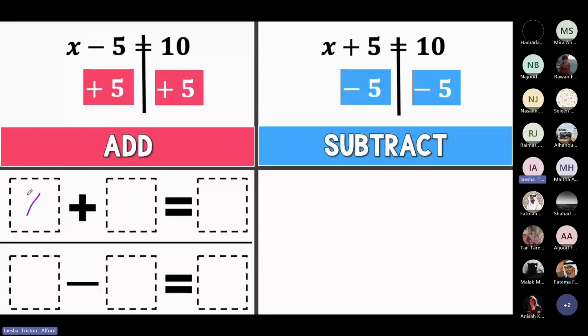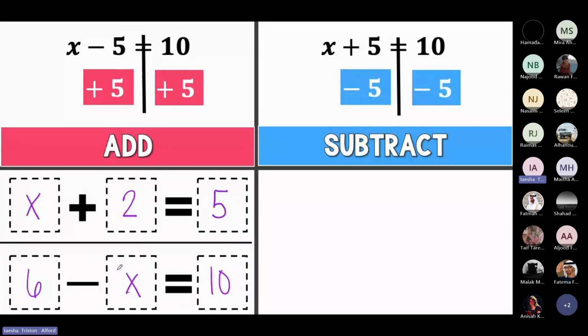Maybe you'll have x, 2 and 5, or maybe you can have 6, x and 10. It just depends. But the main thing you have to remember is that the addition symbol should be between the x and the number, or you have the subtract symbol between the x and the number.